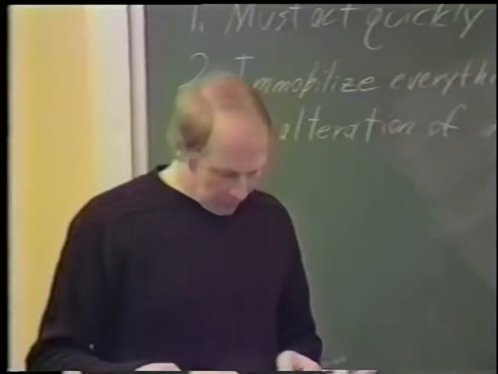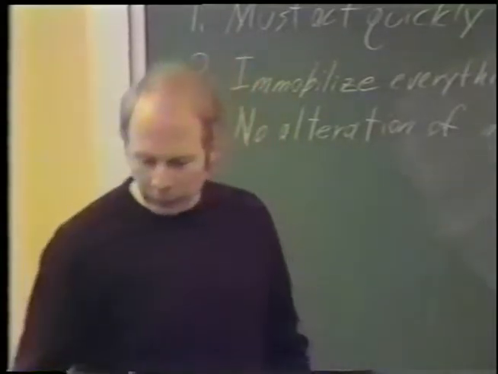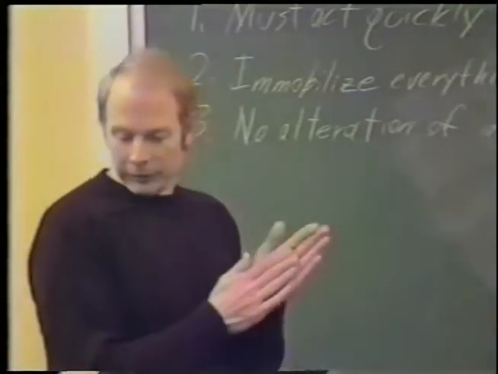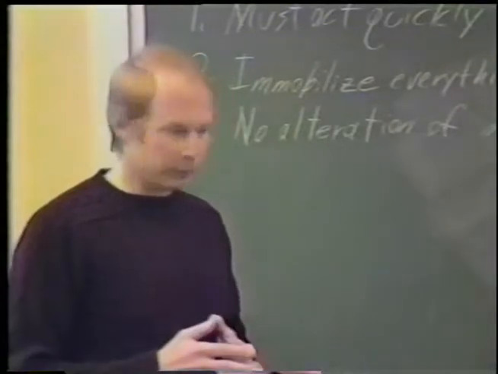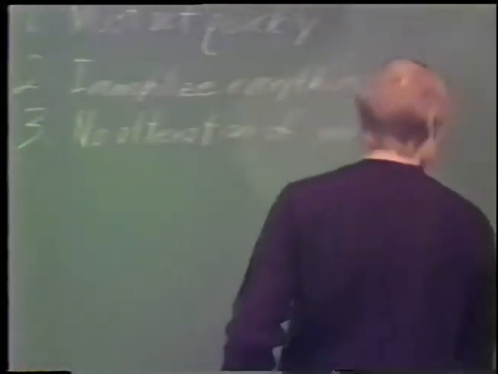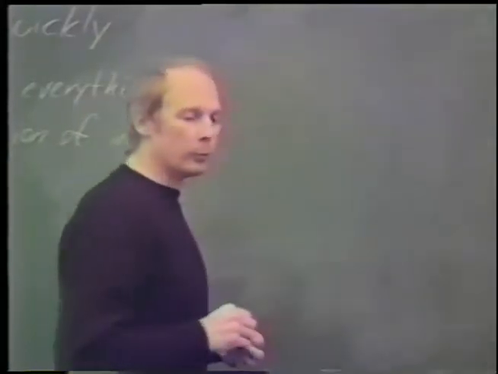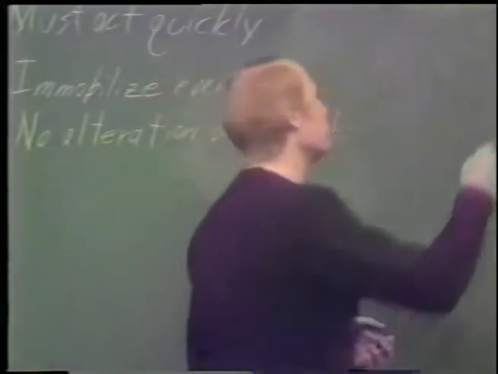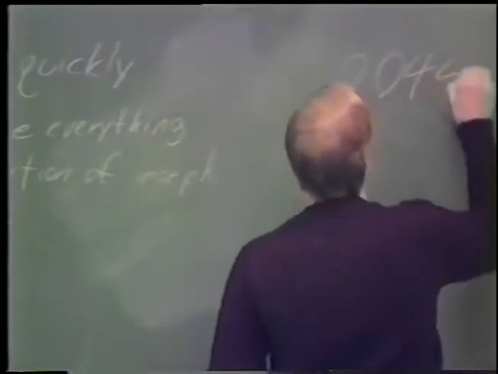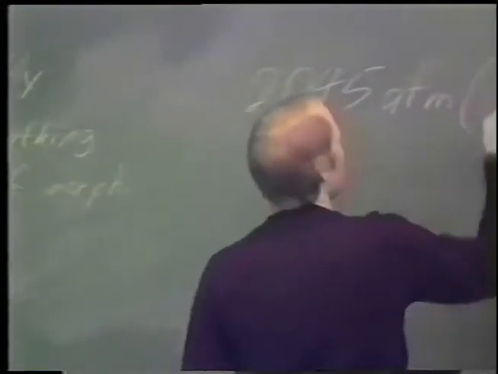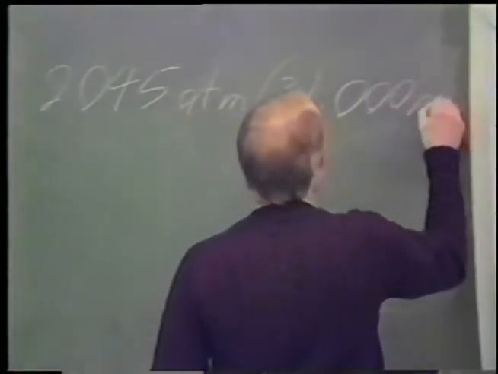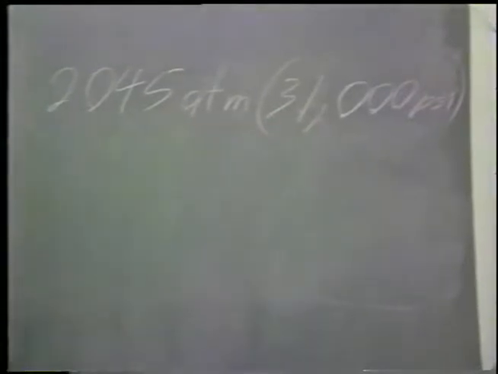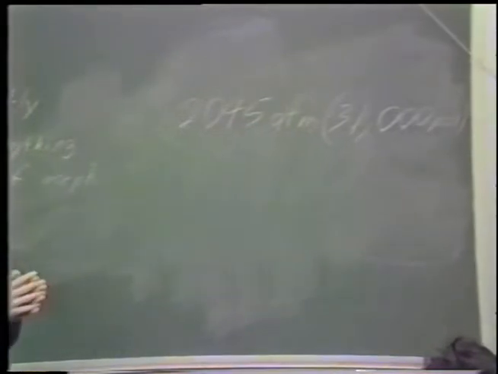Okay. Now, another method which is very promising, and this is the most recent technique to begin to become generally available, is called high-pressure freezing. What one does is pressurize the sample to 2,045 atmospheres, which is about 31,000 psi, in about 50 milliseconds, actually less, 30 or 40 milliseconds, before applying the cryogen.